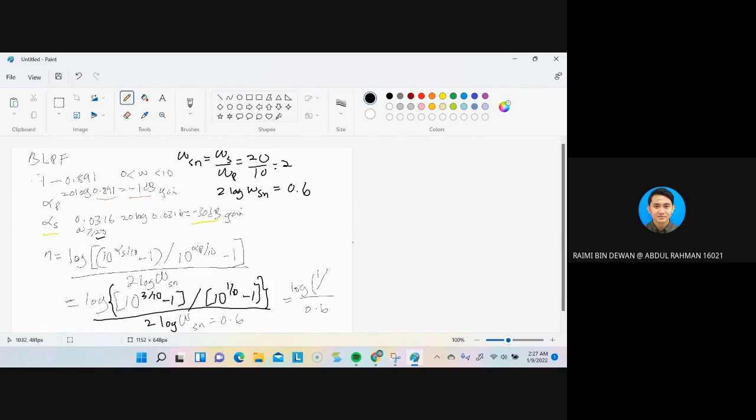No point going fast if you don't understand, because everyone's speed is different. We must celebrate all kinds of students. So 0.26. Then log 1 divided by 0.26, 0.59 divided by 0.6.